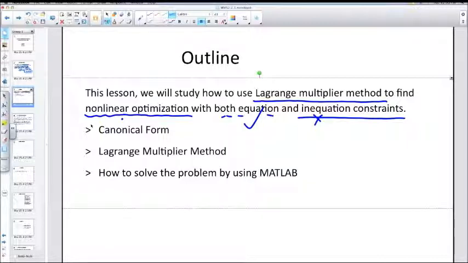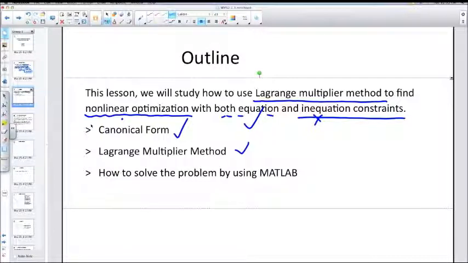So as an outline, first I give you the canonical form. That means how you're going to write the equation in the standard way. Then you can plug into the MATLAB formulas or the method. And then we're going to introduce two different ways to solve it.